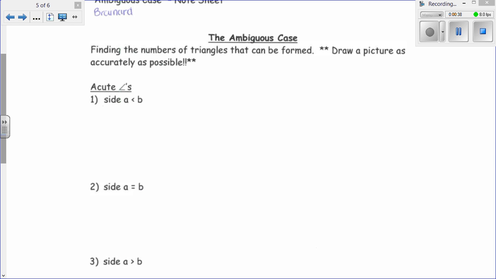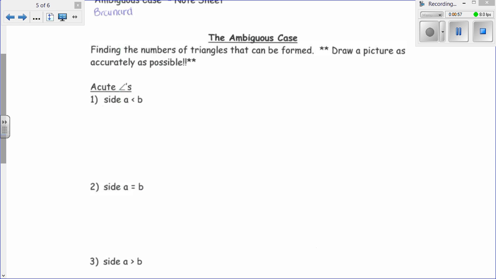We're given incomplete triangles, and we're either given acute angles, right angles, or obtuse angles. So we're going to start out with acute angles. If I have an acute angle and side A is less than B, that's my first situation.